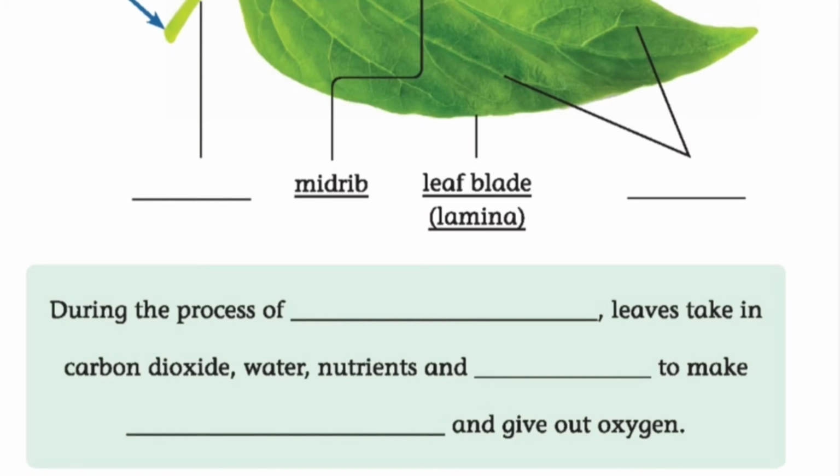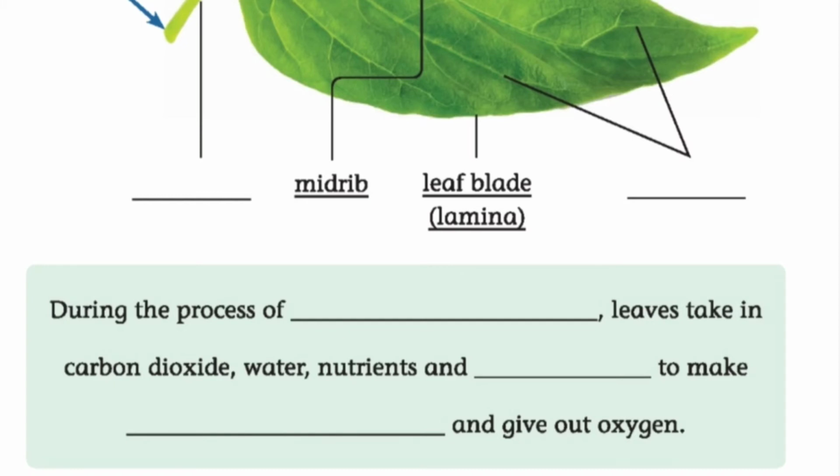So you can write, during the process of photosynthesis, leaves take in carbon dioxide, water, nutrients, and sunlight to make glucose or starch and give out oxygen. I hope you are clear about this concept well.